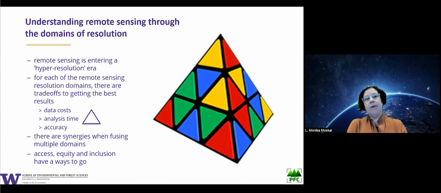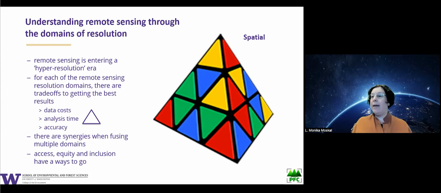And I like to think of remote sensing as a way of exploiting the different types of resolutions, the domains of resolution that we encounter in remote sensing. And what we're trying to do is to maximize those resolutions in my lab. So I like to call this the hyper resolution era.